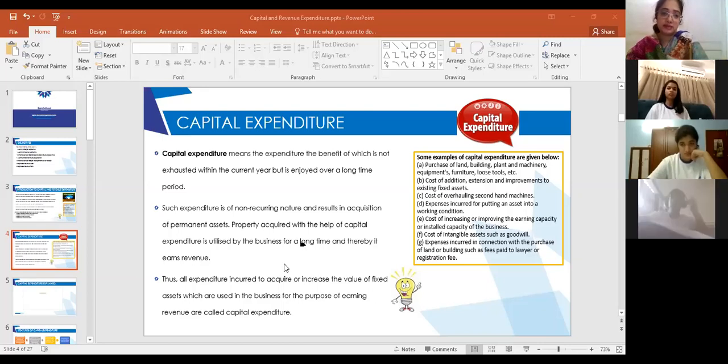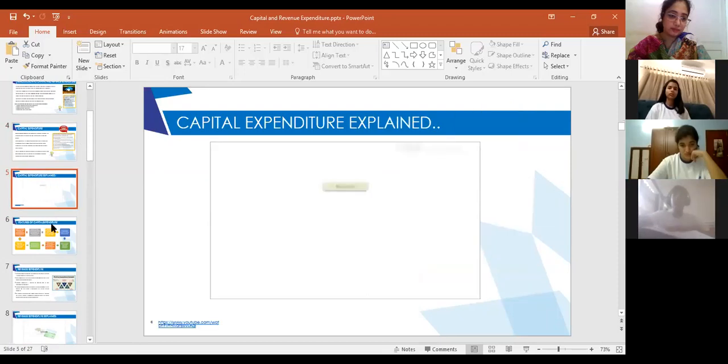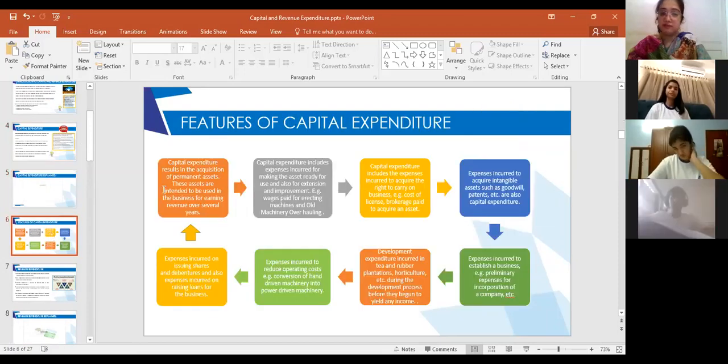Then we had discussed the next part. You saw one video, no? I showed you a video on capital expenditure. I think that was the next slide. Then we did the features, the important types of capital expenditures, like whenever we buy permanent assets, or spend money on extensions or on overhauling of a second-hand machine, or on licensing, even on brokerage.